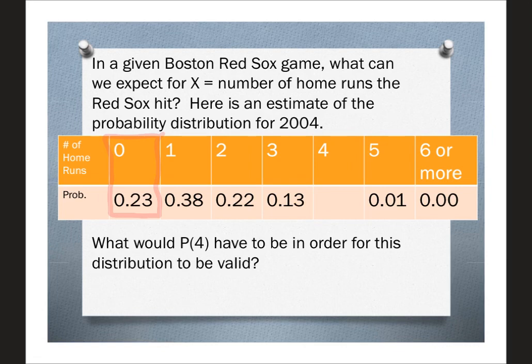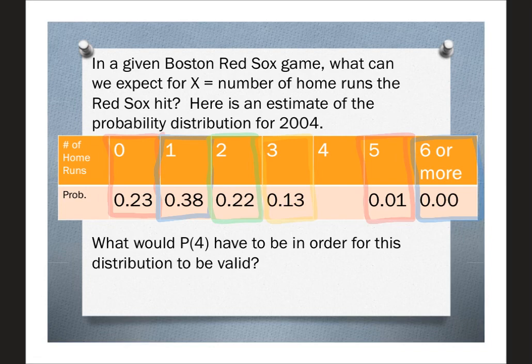The probability of them having 1 is 0.38. The probability of them having 2 is 0.22. 3 is 0.13. 5 is 0.01. And 6 or more is 0.00.